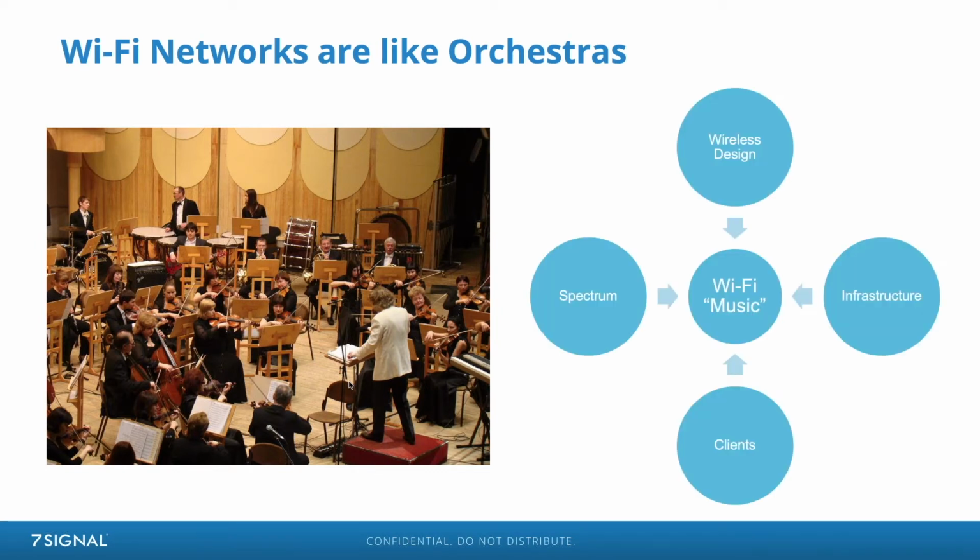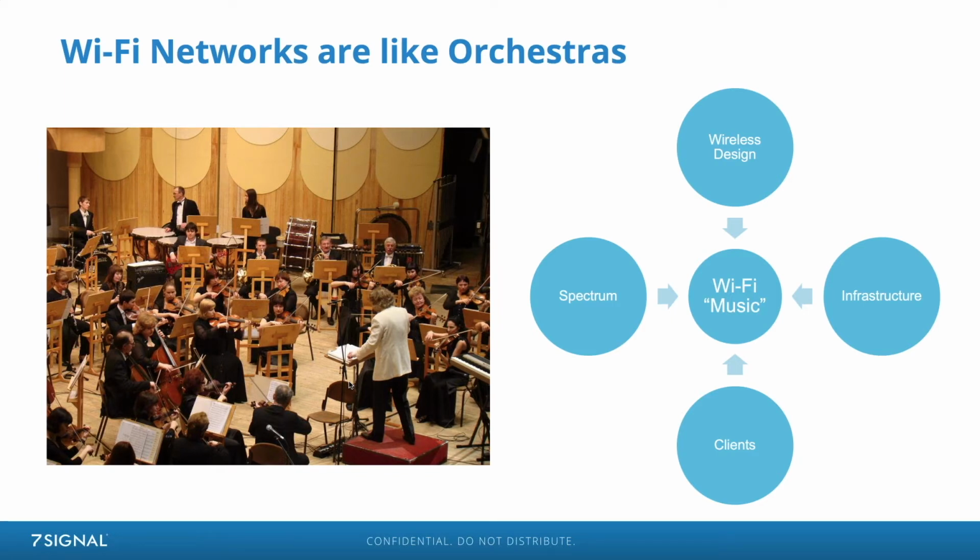So if we think about Wi-Fi this way, there's different sections of the orchestra that are really important to the music of Wi-Fi performance. There's wireless design, which is critical. You have to have a good RF design.